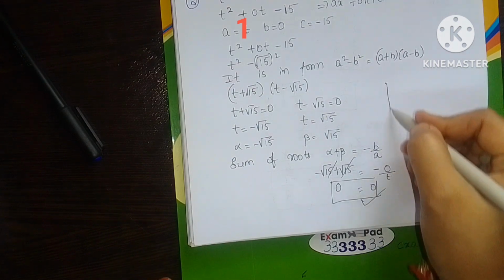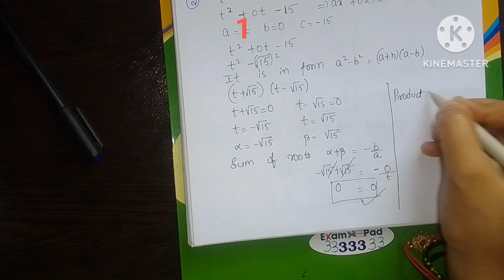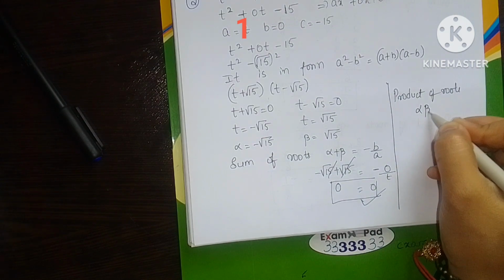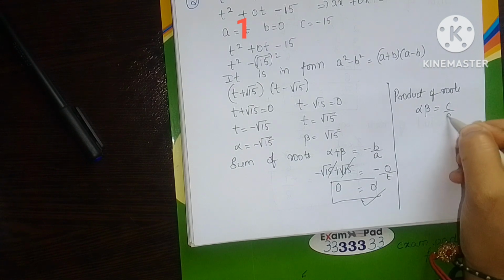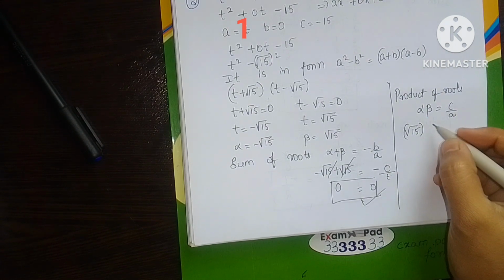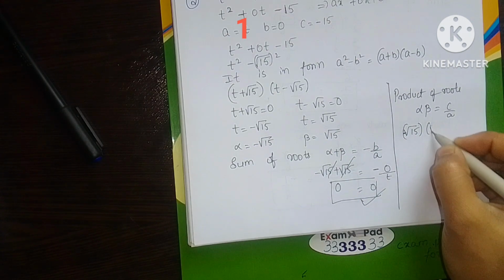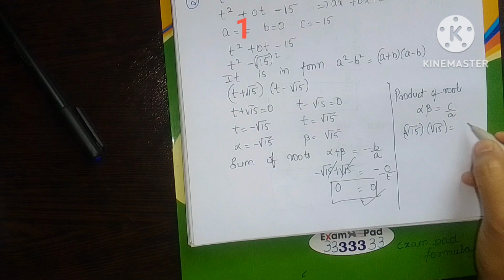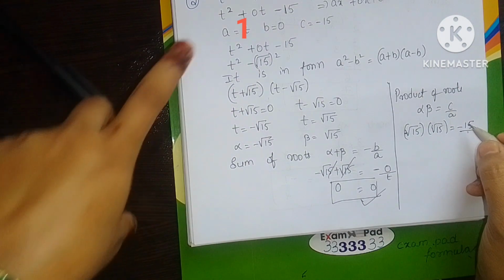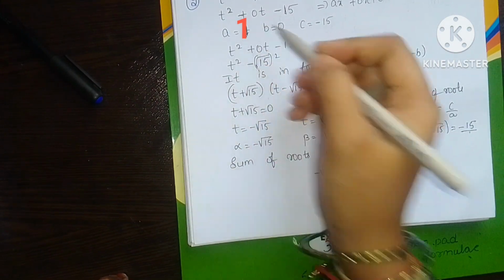Now let us verify the product of the roots. So the product of roots, alpha beta, is equal to c by a. So alpha is minus root 15, beta is equal to root 15. c is minus 15. a is 1, because for t square there is nothing written, which means 1 is the coefficient.